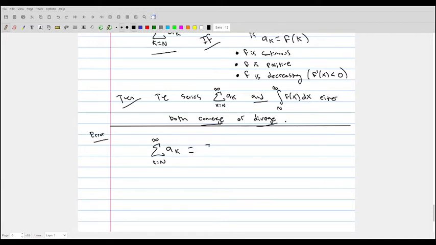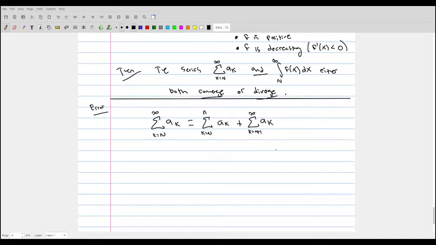So we consider the sum of the first terms, from capital N up to lowercase n. This infinite sum of ak is going to be the sum from capital N to lowercase n, plus the sum from k equals n plus 1 to infinity of ak, where this term is sometimes called the remainder term. And we'll call this Rn.